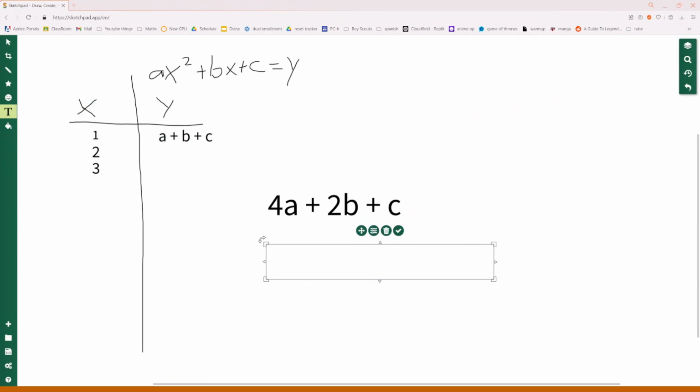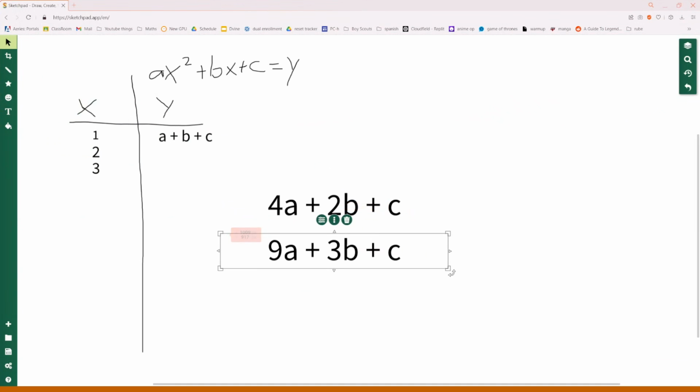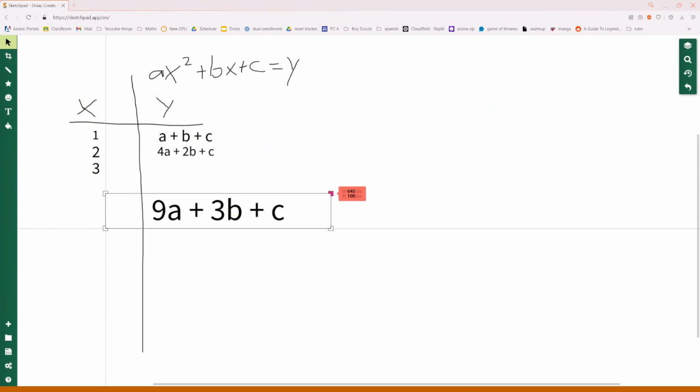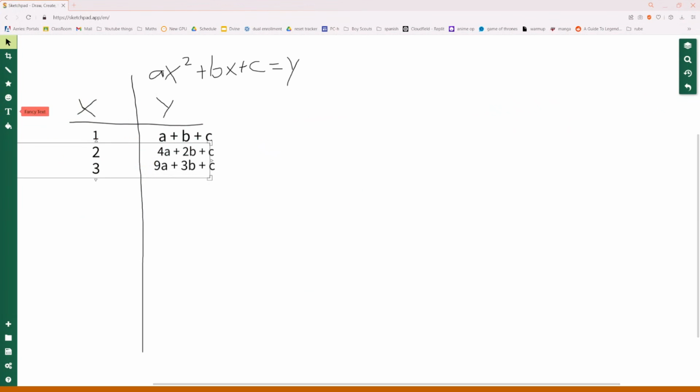And then for 3, it becomes 3 squared, so 9a plus 3b plus c. Okay, very cool. We have all this on the table. Tables for quadratic equations are very useful. So now, let's find the first difference of these, because we're trying to prove something that the second difference always is.